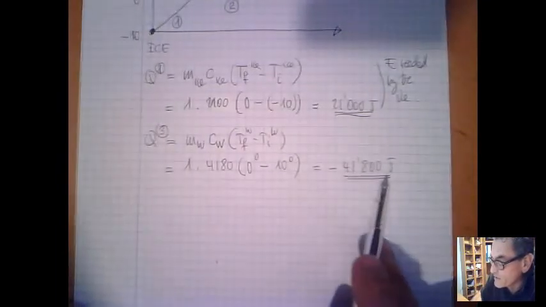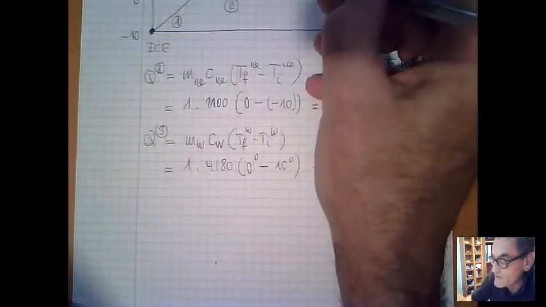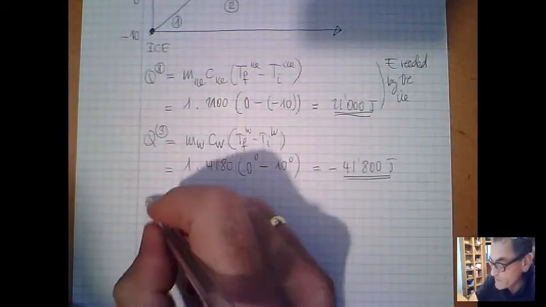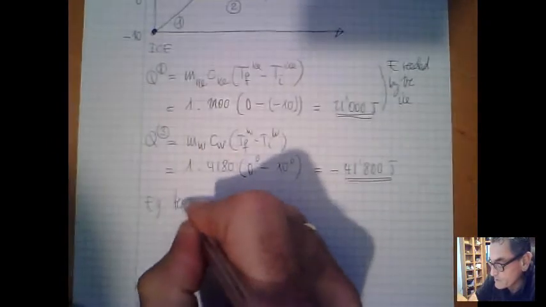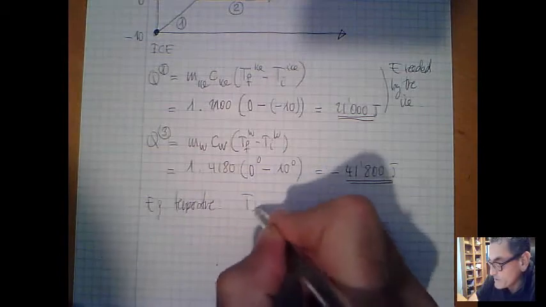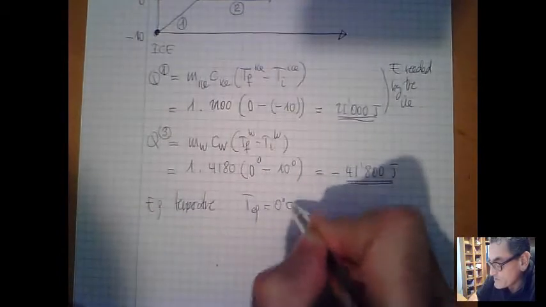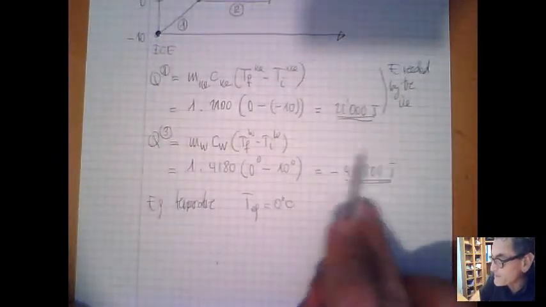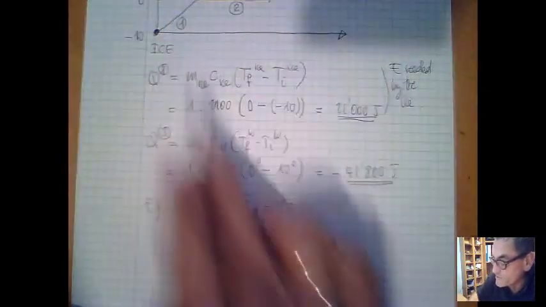Well, since both substances get to that point, the equilibrium temperature is going to be 0 degrees, because the ice is going to melt because there is enough energy for the ice to melt.